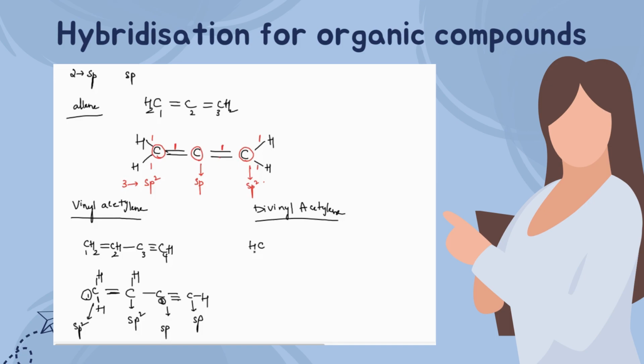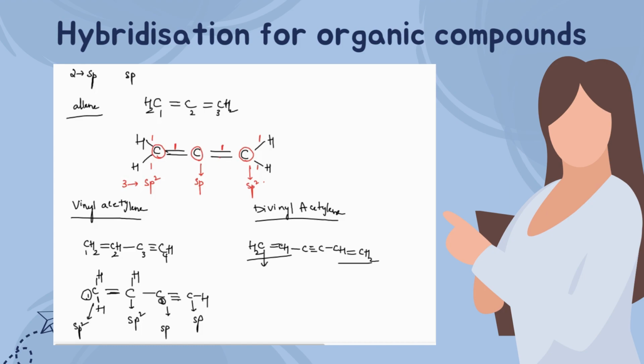So this is one vinyl, this is another vinyl on either side. Now this has to be connected to an acetylene in the middle. So vinyl group on the left hand side, vinyl group on the right hand side. In between there is an acetylene group. So this is an example for divinyl acetylene.